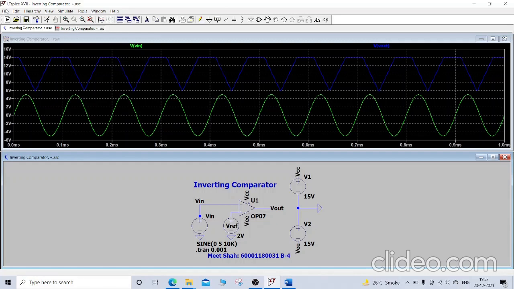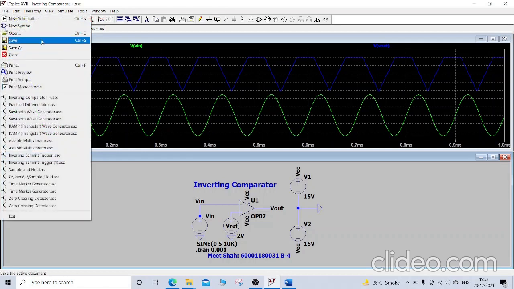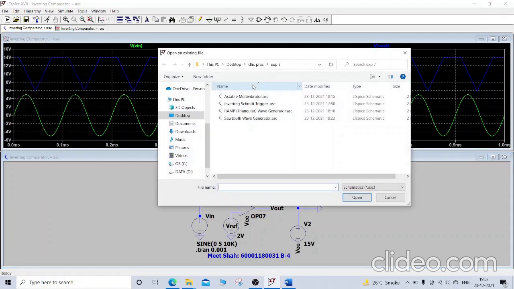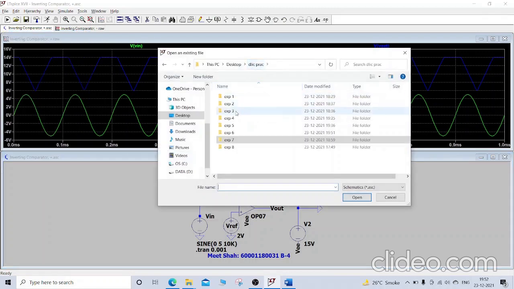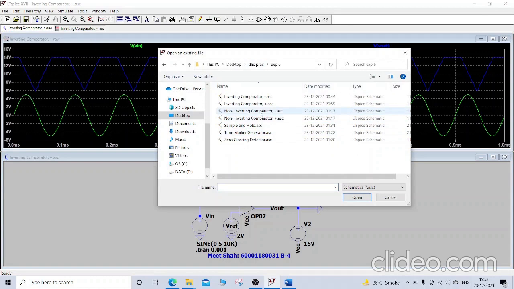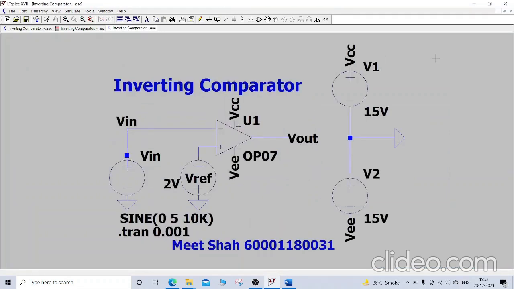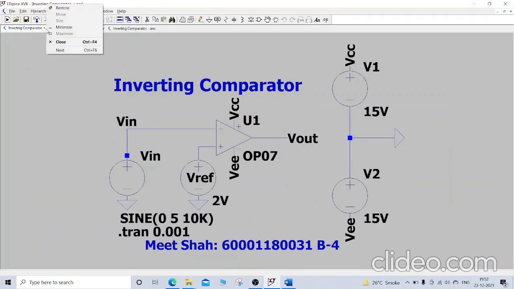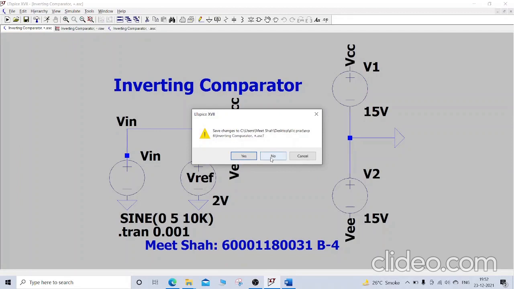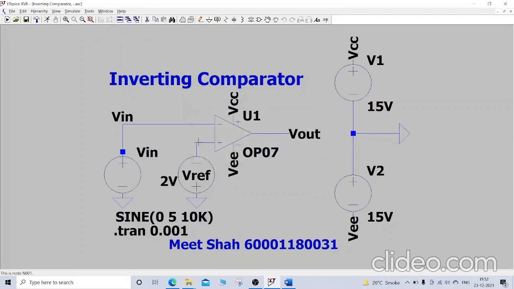So now we'll see the inverting comparator with negative Vref. So we'll open 6. So here we have a negative Vref.